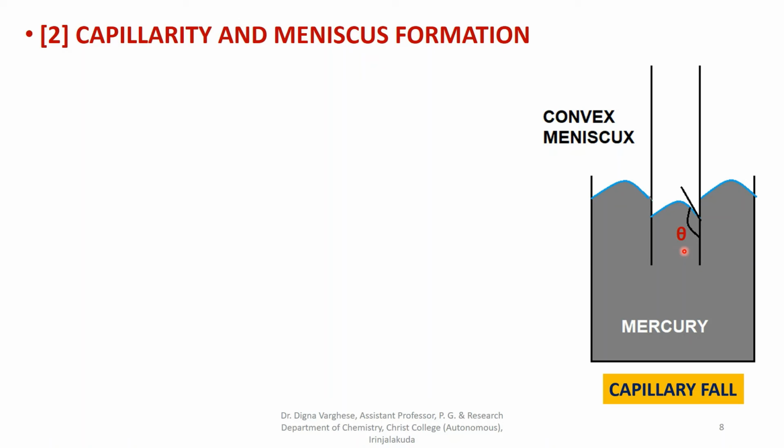So the liquid does not wet glass. If the contact angle is less than 90 degrees, the liquid wets the surface. If the contact angle is greater than 90 degrees, the liquid does not wet the surface.